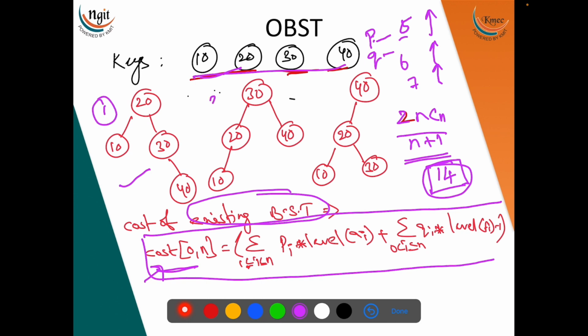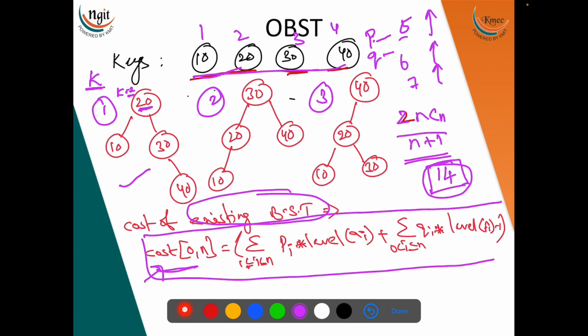This is 1, this is 2, this is 3. Here the root element is 20, and I'm assuming k is the key element. Here the k value is 2. Let's suppose keys 1, 2, 3, 4. Now the root element is the 2nd element; the second key element was at the root position.